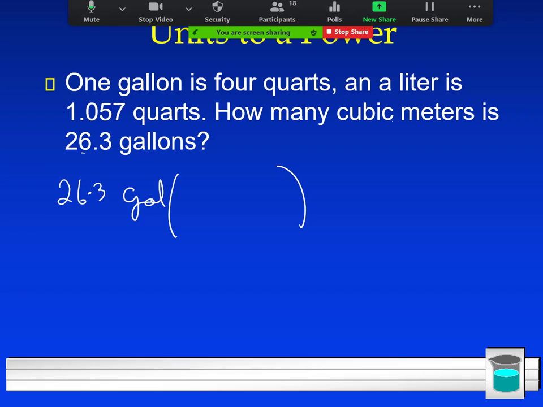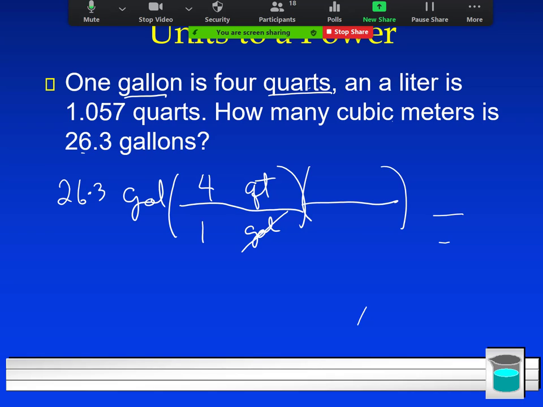First conversion factor, I want to get rid of gallons. So gallons has to go on the bottom. What can I turn gallons into? Well, gallons I can turn into quarts. 1 gallon is 4 quarts because it's called a quart because it's a quarter of a gallon.